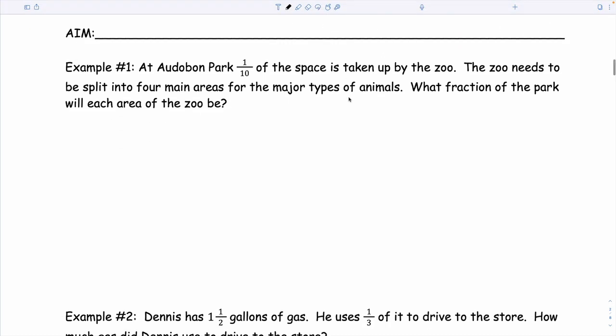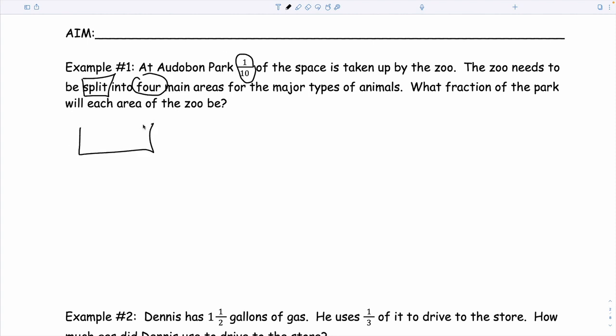As we read, go ahead and annotate, box your keyword, circle your number. At Audubon Park, 1/10 of the space is taken up by the zoo. The zoo needs to be split into 4 main areas. For the major types of animals, what fraction of the park will each area of the zoo be? I'm thinking through this, and I'm going to get a picture in my head.